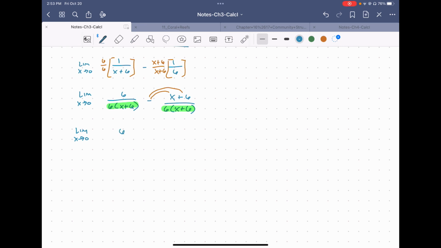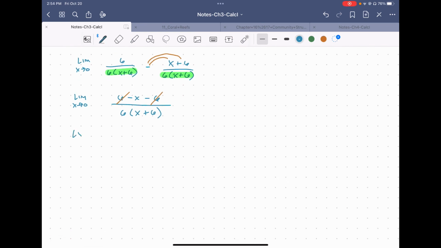So I'm going to write 6 minus x and then minus 6 because we distributed that sign, all over 6 times x plus 6. At this point, we can see that these 6's cancel out, 6 minus 6. That leaves us with the limit as x approaches 0 of negative x over 6 times x plus 6.